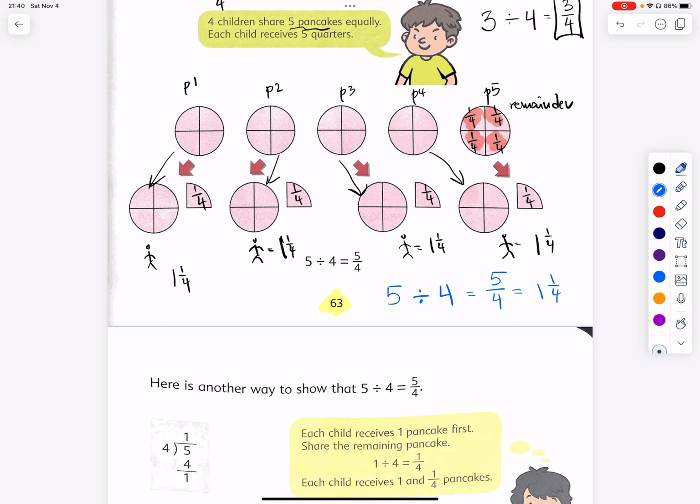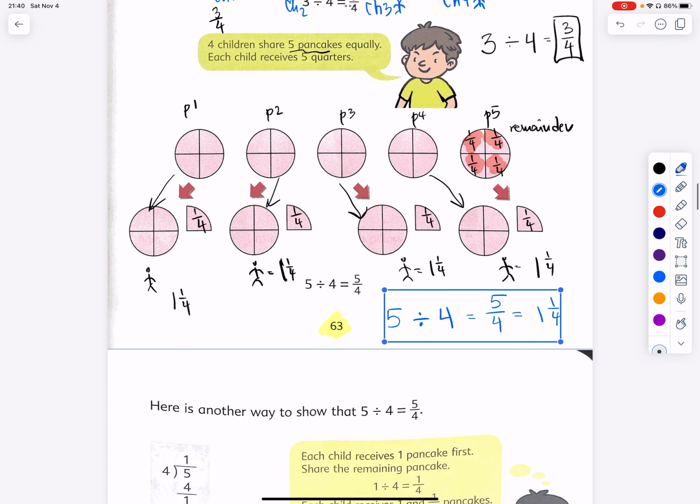I want you to note this writing, and look at the writing from above when we were splitting 3 pancakes. Notice, for the first time in your mathematical life, you're dividing a smaller number by a larger divisor.